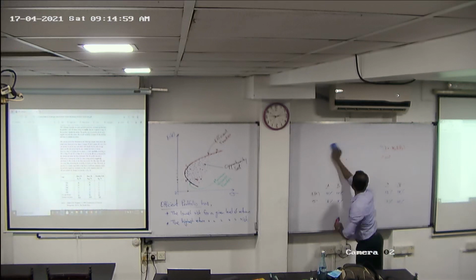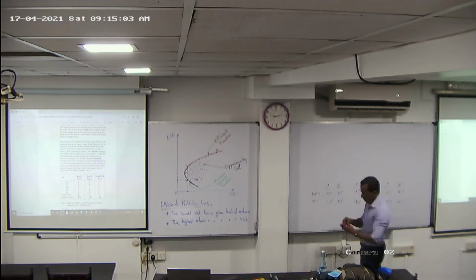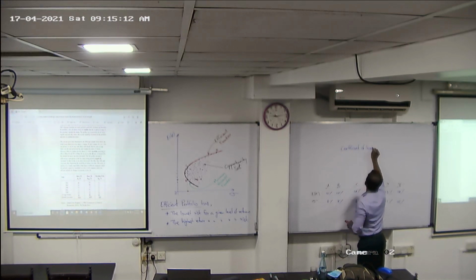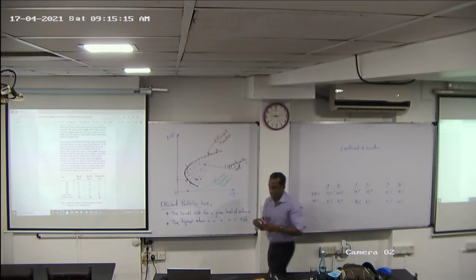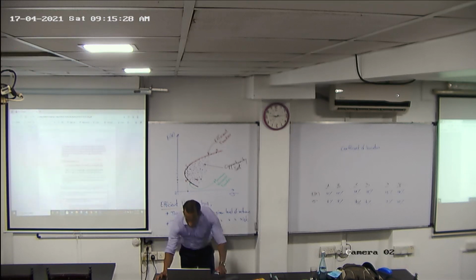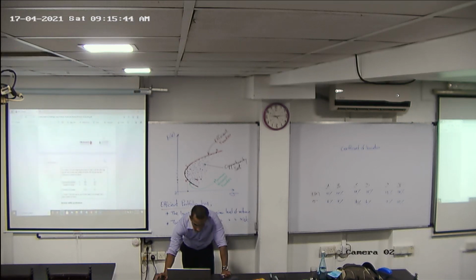So we can calculate the coefficient of variation, sometimes called coefficient of variance, which is used to calculate the risk per unit of return. I think under equity valuation we did that.